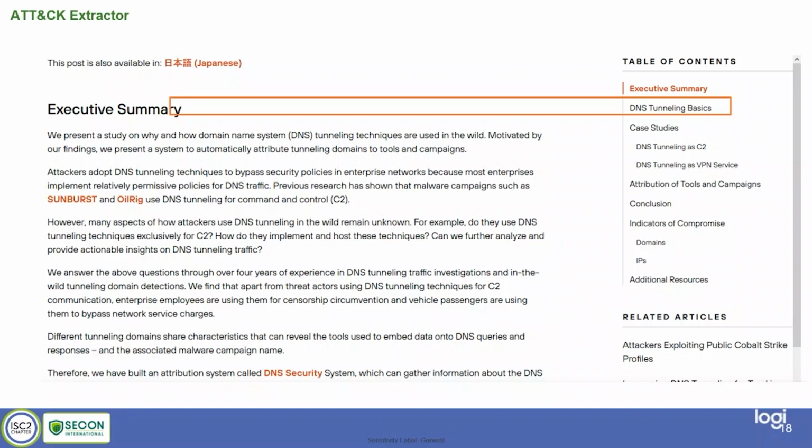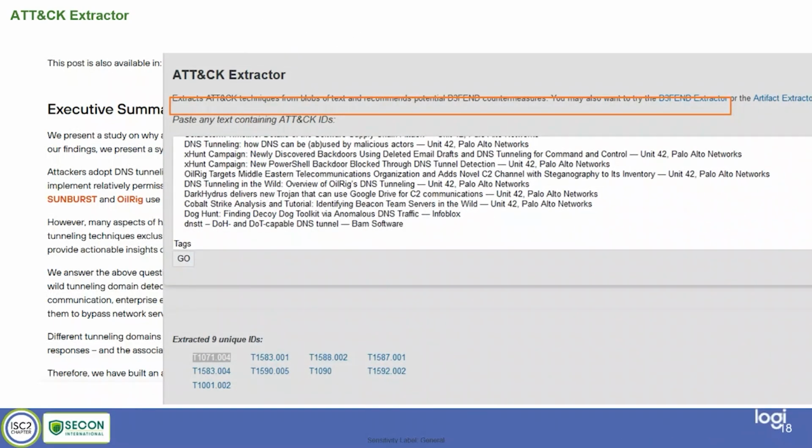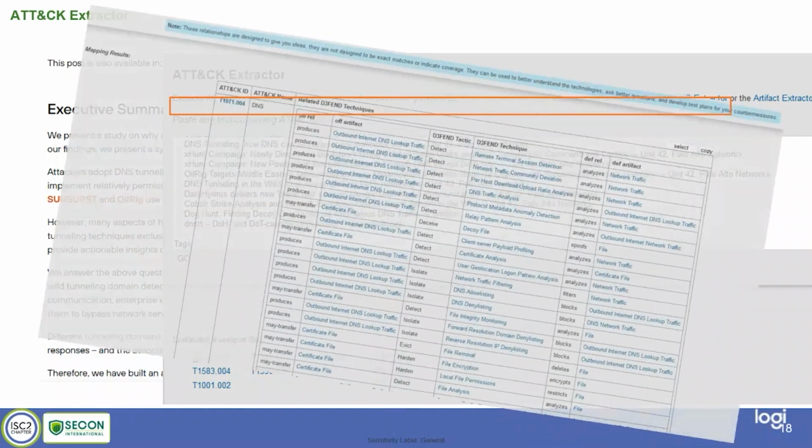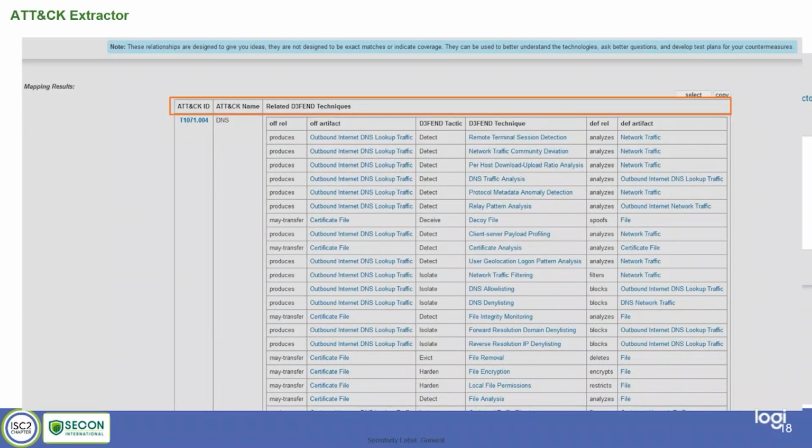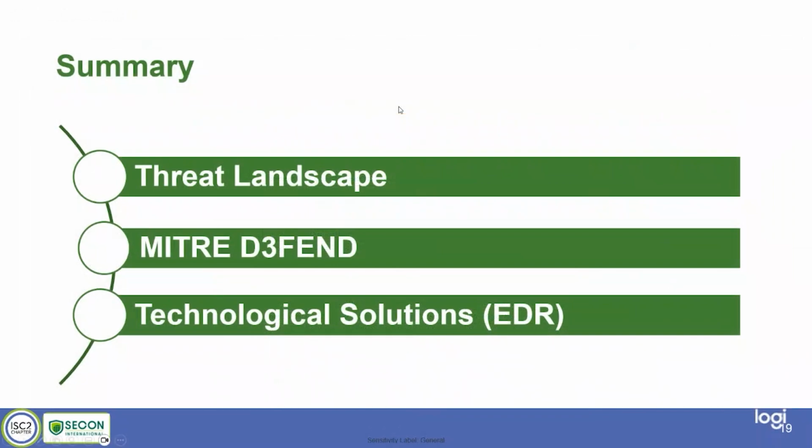MITRE also provides tools that can extract attack techniques from text fragments and recommend appropriate defense countermeasures. In today's digital landscape, endpoint monitoring is crucial for establishing a robust IT security architecture. This presentation highlighted the importance of continuously monitoring endpoints to detect and respond to threats in real time.